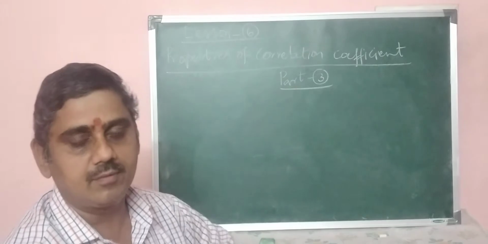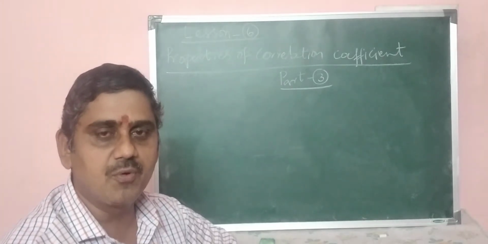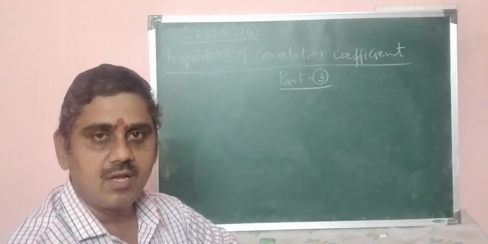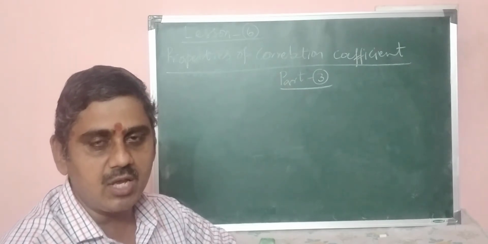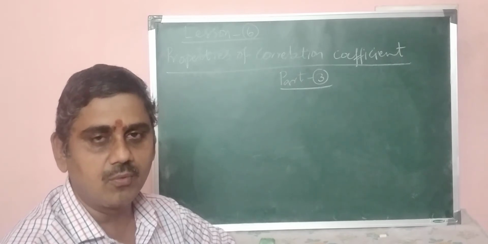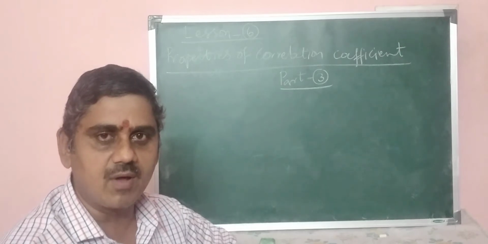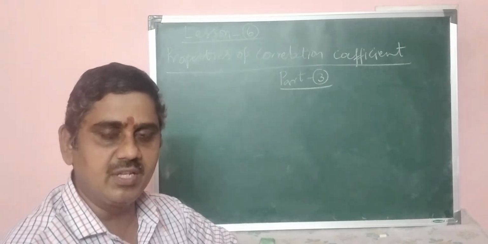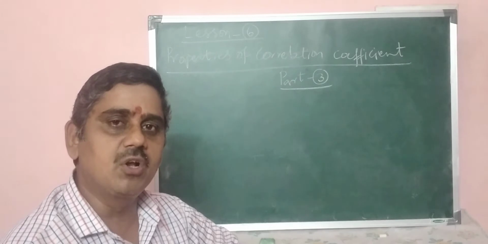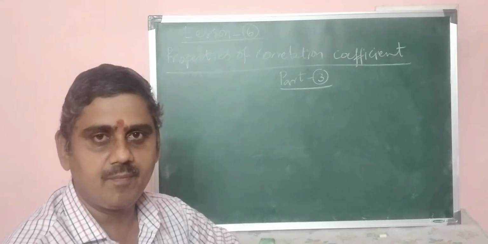Property number 1, the correlation coefficient is purely a number, independent of any units of the given data. Property number 2, the limits of the correlation coefficient are plus or minus 1, which means the correlation coefficient lies between minus 1 to plus 1.